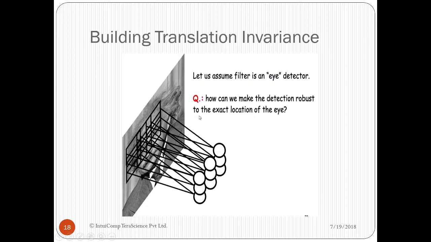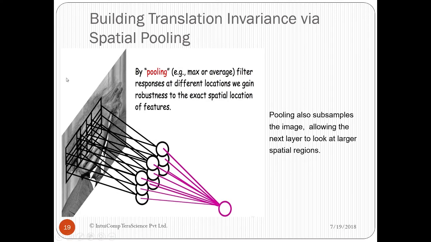Building translational invariance. Let us assume a filter is an eye detector. Now the question is, how can we make the detection robust to the exact location of the eye? By pooling, for example, maximum or average filter responses at different locations, we gain robustness to the exact spatial location of features.